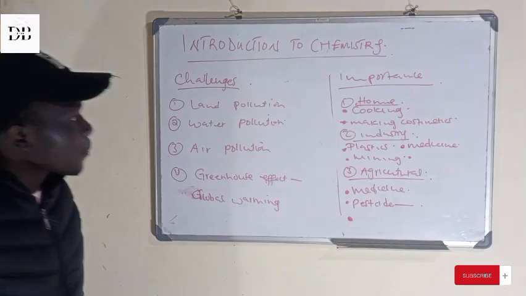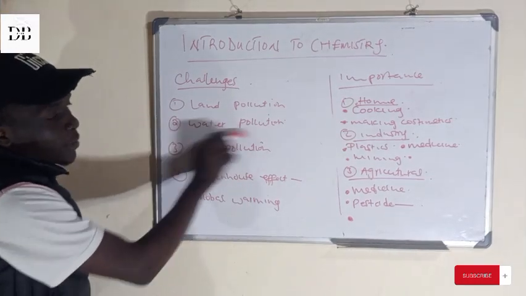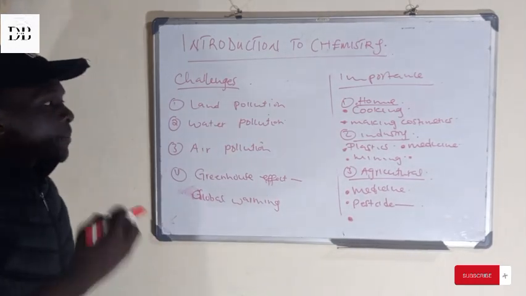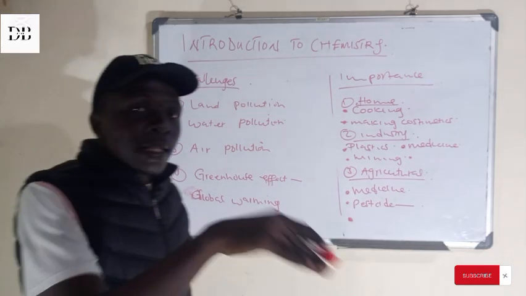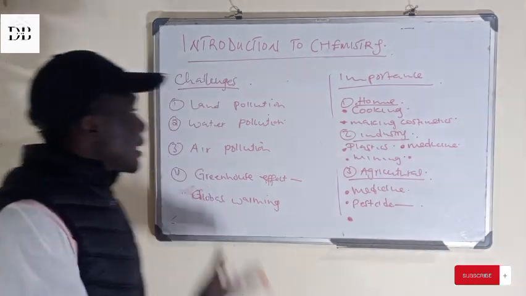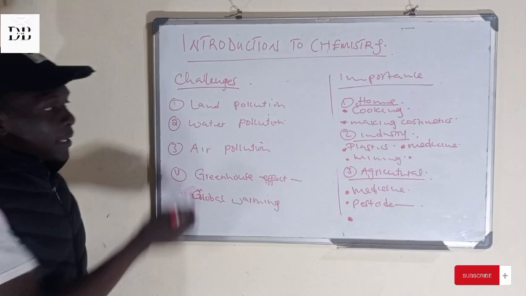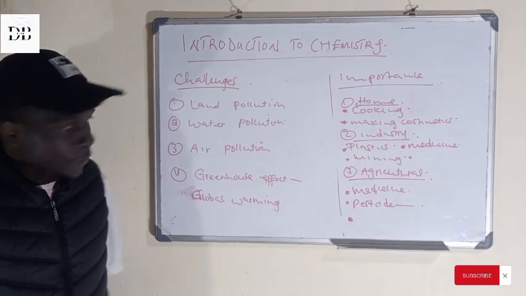To land pollution. Water pollution can be caused as well when during mining some chemicals flow into what? Into the rivers due to rain, and then that will kill the what? The aquatic life and also cause what? Water pollution.